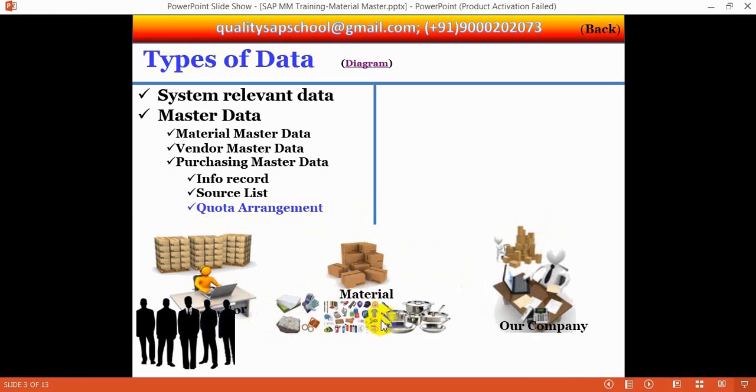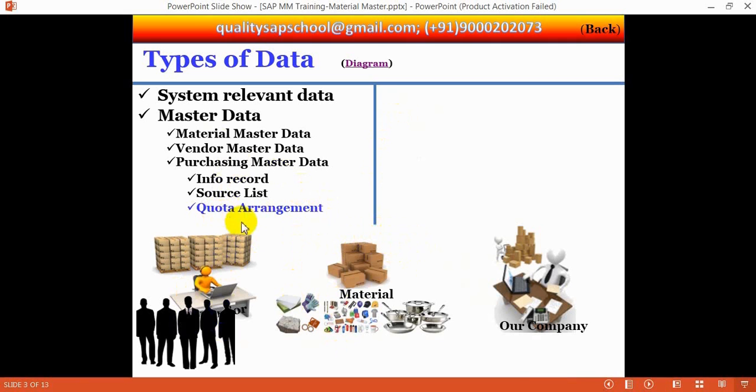We will buy the same material from different vendors. We will not ignore anybody. We will give some quota. Suppose we want 1000 pieces, then we give 500 to one person, 200 to another, 300 to another, like that. It depends upon their rank, their terms and conditions, and quality. We will see according to that and buy.